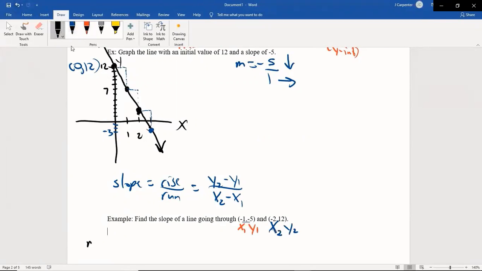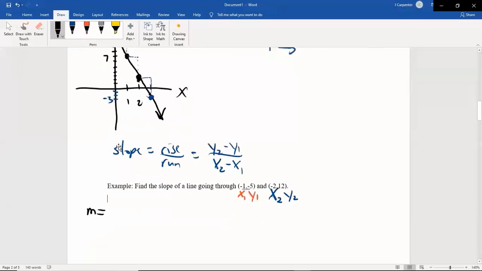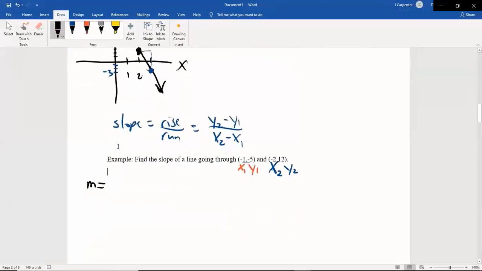So for our slope, we just have to put 4 numbers into a formula, and hopefully we don't need a calculator for this, even though it's at our disposal. If these were bigger, crazier numbers, sure, we can pull out the calculator, but not for this. So y2 minus y1, so that's the blue one minus the red one, specifically the second values in each parentheses. So 12 minus negative 5.